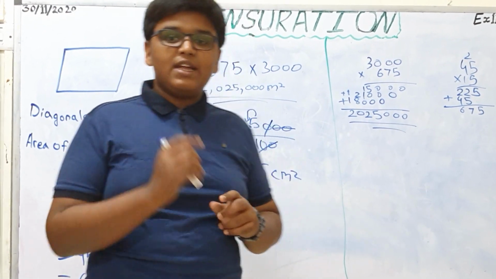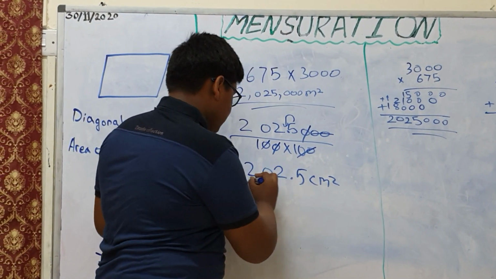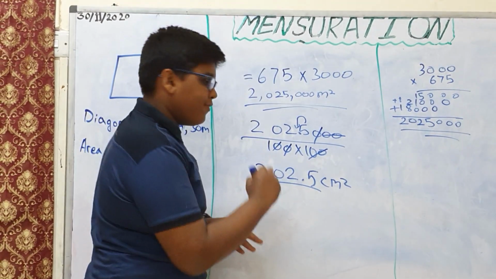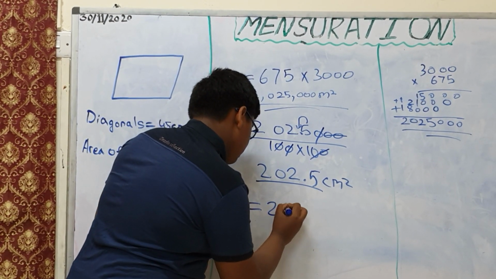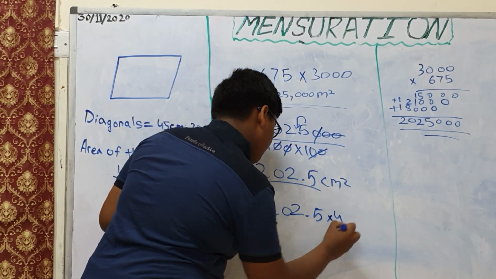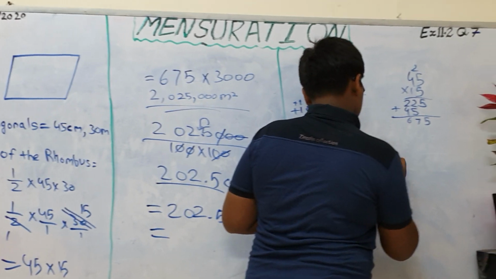They are saying one tile is rupees 4. So we are going to multiply this number, 202.5, with 4. 202.5 into 4.